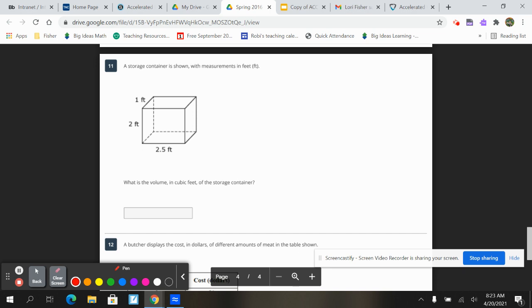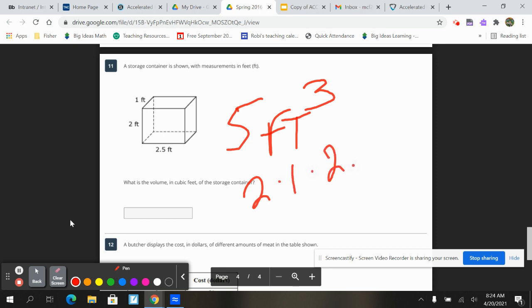That's all you're going to do. 2 times 1 is 2. 2 times 2.5 is going to give you 5 feet cubed. Remember, we're dealing with volume. This is simply 2 times 1 times 2.5. Just multiply them all together.